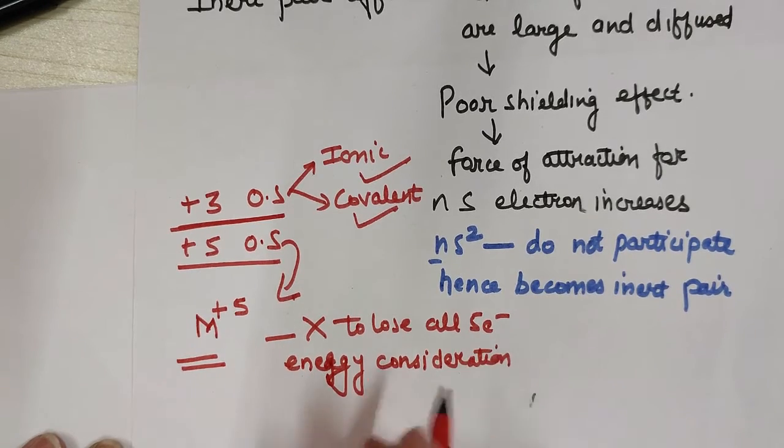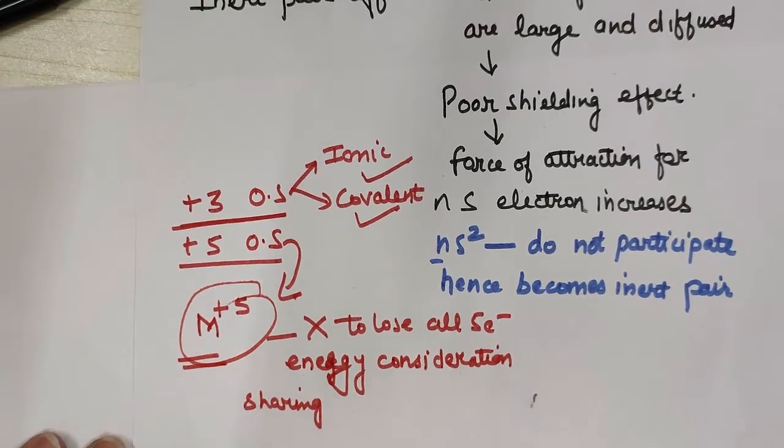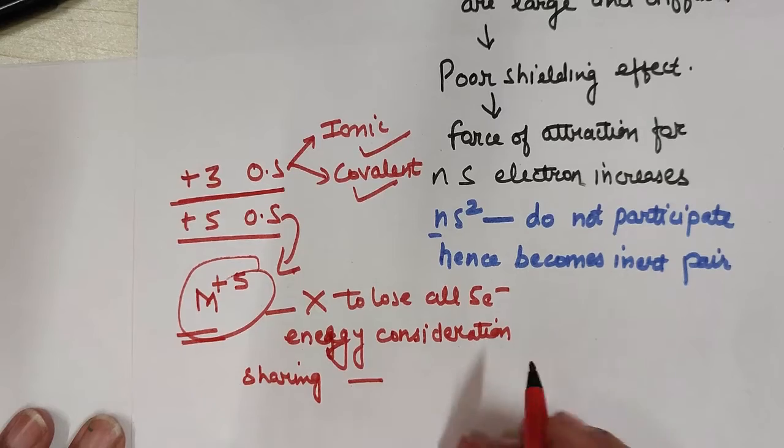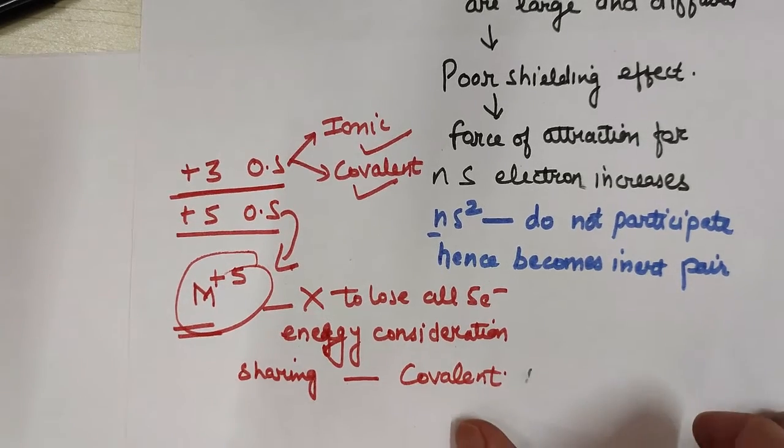So instead of giving all 5 electrons, sharing of electrons will take place. So whenever the oxidation state is M+5, the compound formed will be a covalent compound. It will not be an ionic compound.